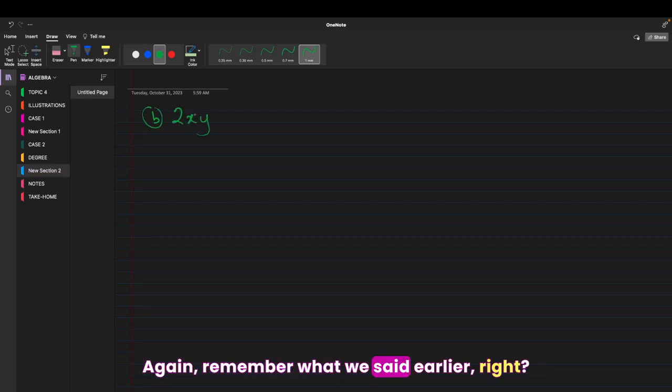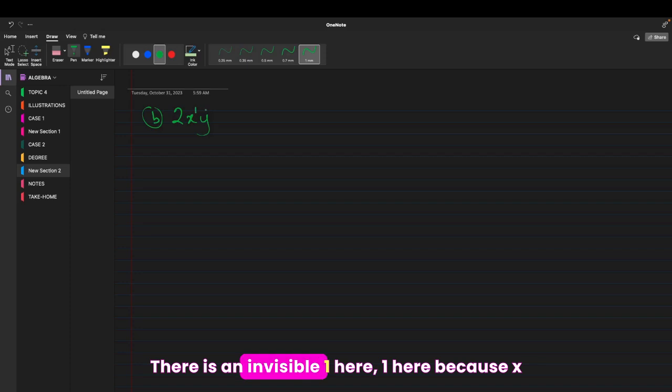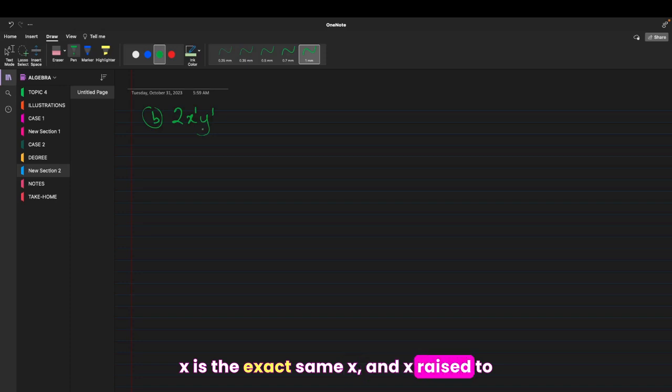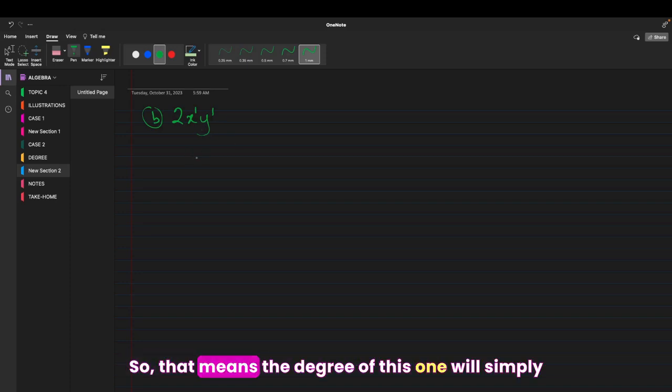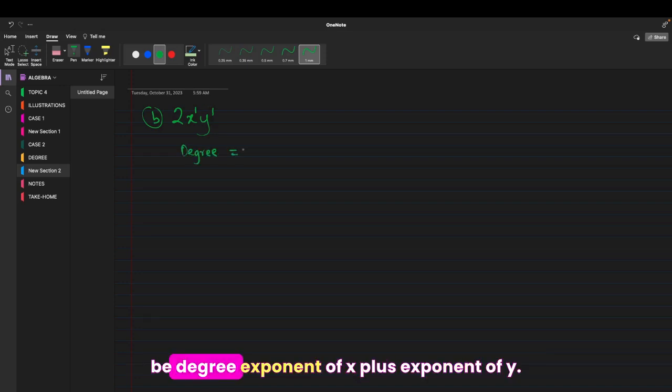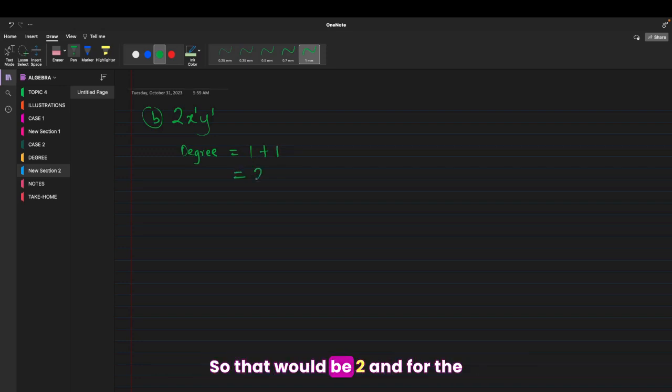Again, remember what we said earlier, right? There's an invisible one here, because x raised to the power 1 is the exact same thing as x, and y raised to the power 1 is the exact same thing as y. So that means the degree of this one will simply be exponent of x plus exponent of y. So that would be 2.